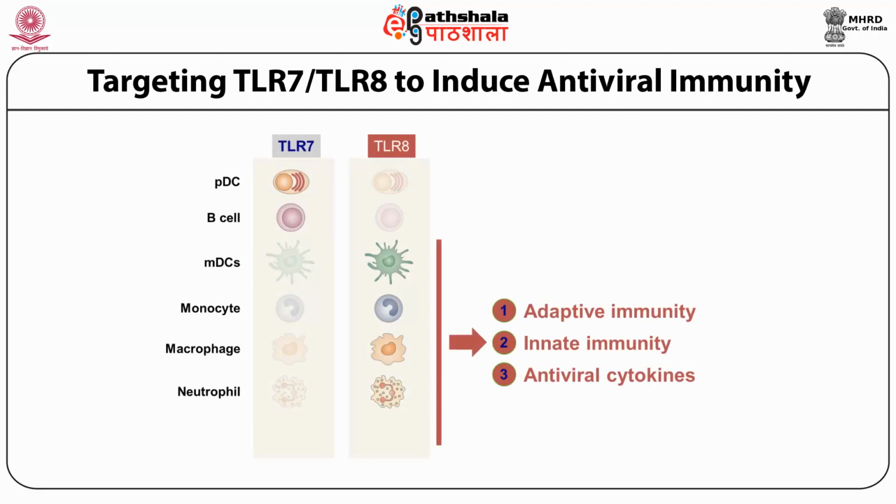In the earlier slide, we explained how TLRs can be given as an injection and induce adaptive immunity. Here, what are the targets for TLR7 and TLR8 to induce antiviral immunity? Why have we chosen TLR7 and TLR8?